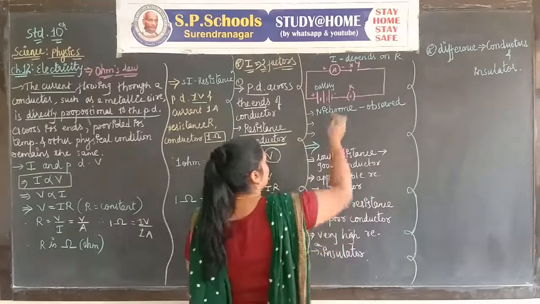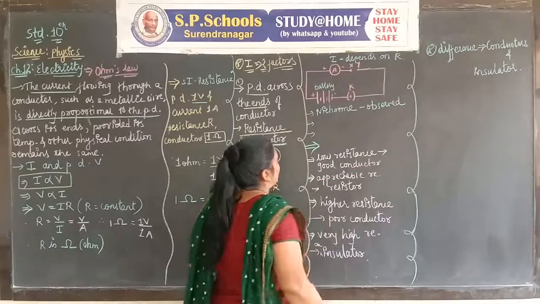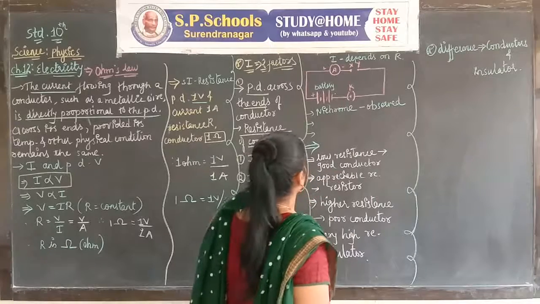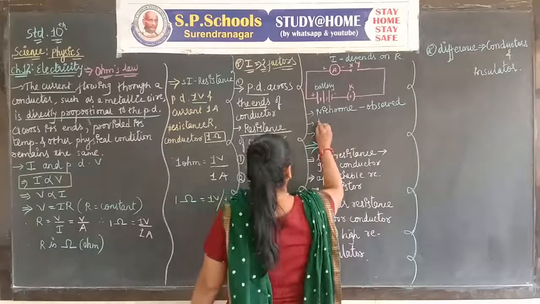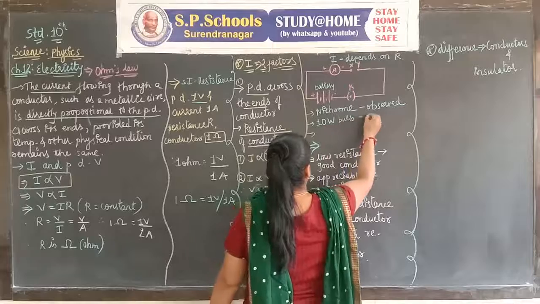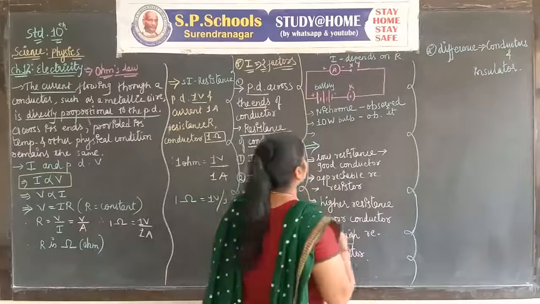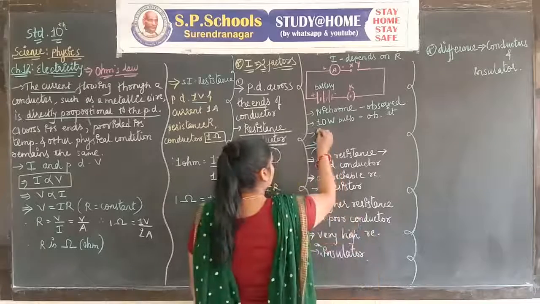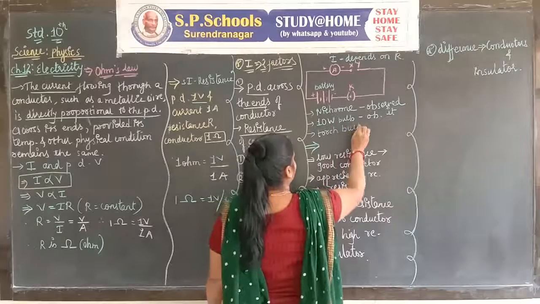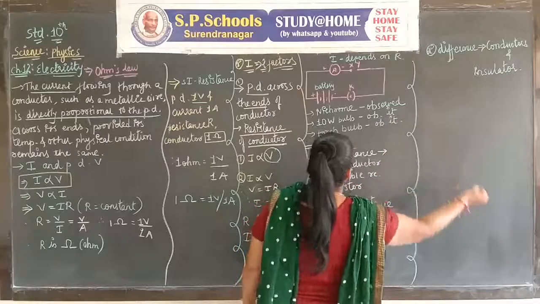Then we put a 10-watt bulb between the gap and observe it. Then we put a torch bulb between the gap and observe it.